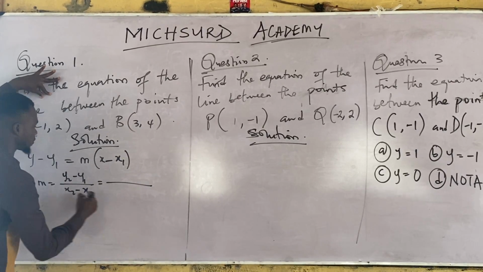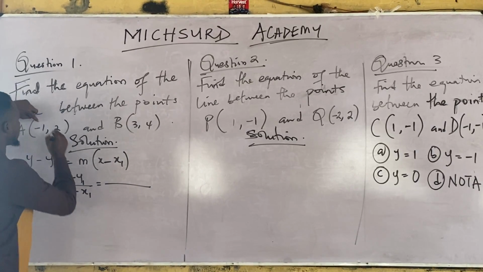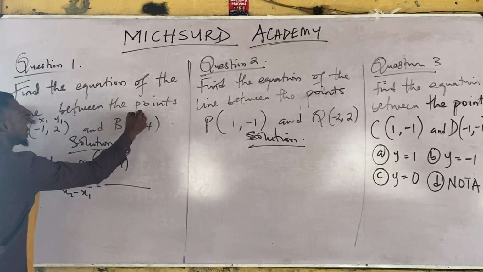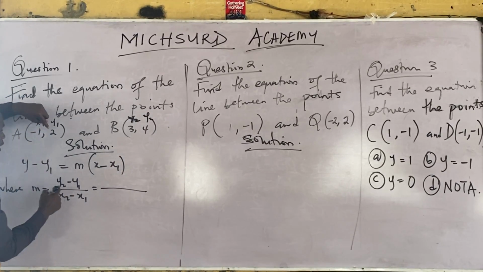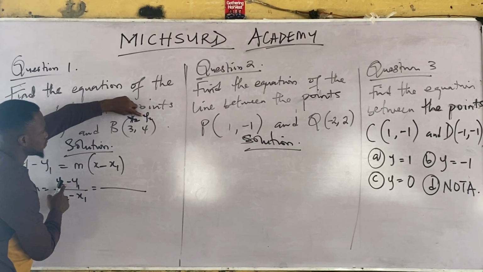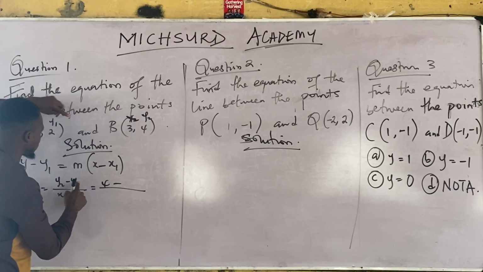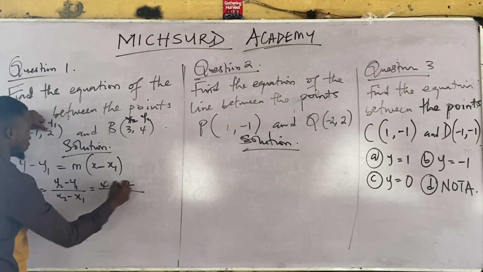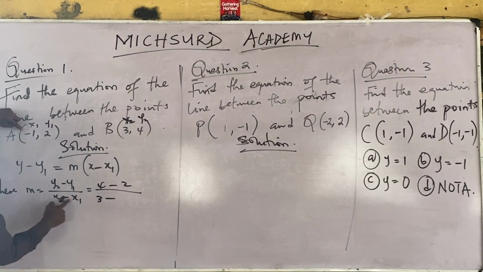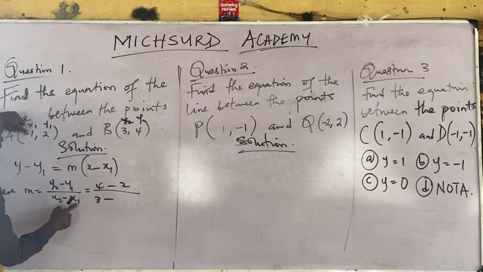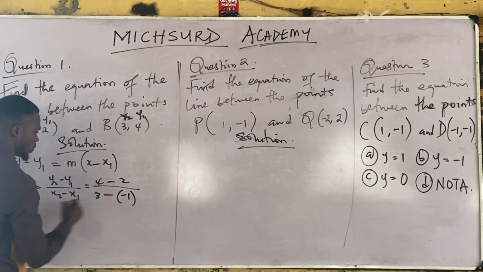So this will give us y2 minus y1 over x2 minus x1. Let's get the points x1, y1, x2, y2. Our y2 is 4 minus y1, which is 2. Then our x2 is 3 minus x1, here it is minus 1, so we put minus 1.